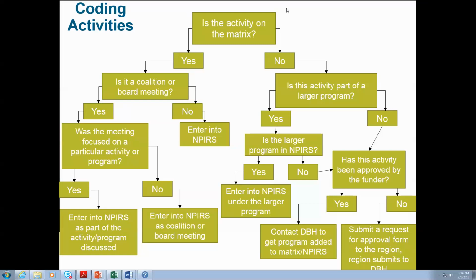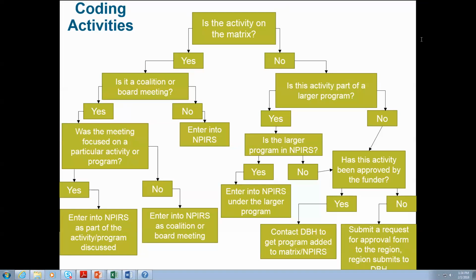Looks like we have a question. So entering coalition meetings has been an interesting difficulty. We have never outlawed entering coalition meetings into NPIRS. In fact, it still accounts for about 30% of all NPIRS entries, which is a problem.